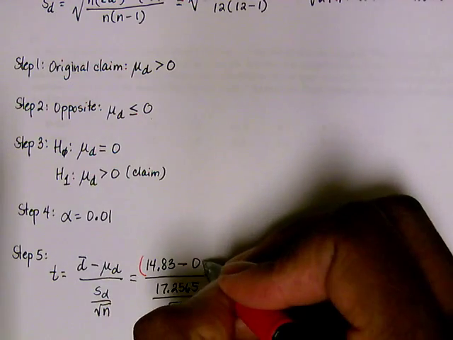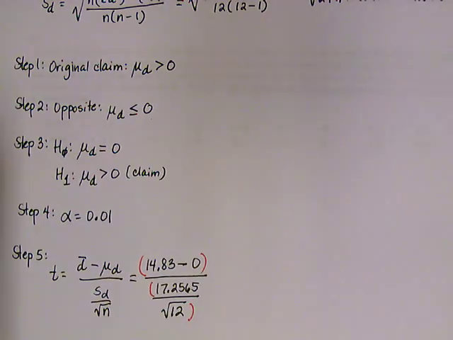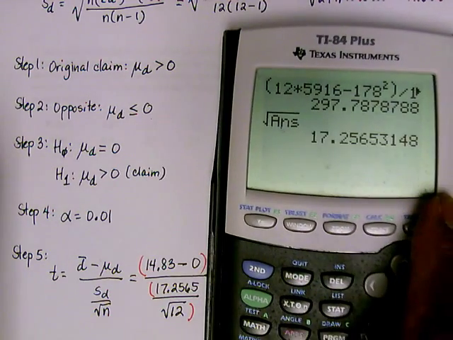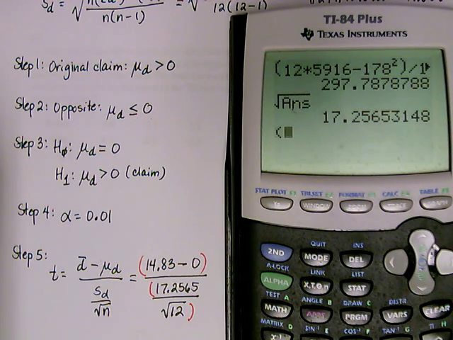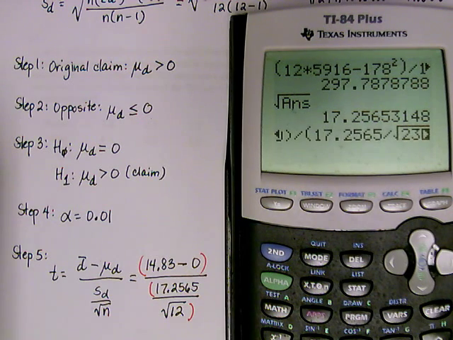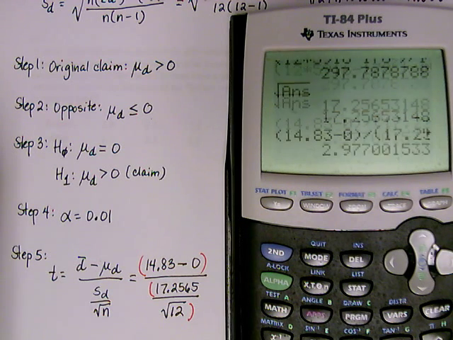We can type that in the calculator. Make sure that you put your numerator and your denominator in parentheses. So here, left parentheses 14.83 minus 0, close parentheses, divided by, and then left parentheses 17.2565 divided by second x squared for the square root, and then 12, right arrow or right parentheses for the square root, and then close your parentheses, then hit enter.